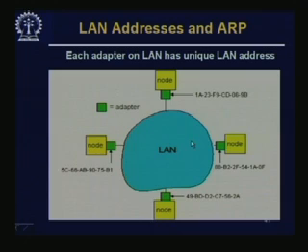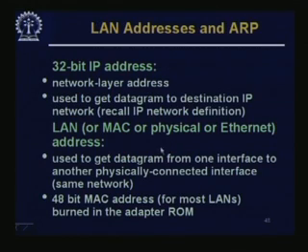Sometimes there may be nodes with a number of adapters and so a number of LAN addresses, but one particular adapter will have one unique address. Two addresses will never be the same, because then you are in trouble. The point is, let us say this is the source and this is the destination. How does the source know the destination's LAN address or MAC address?